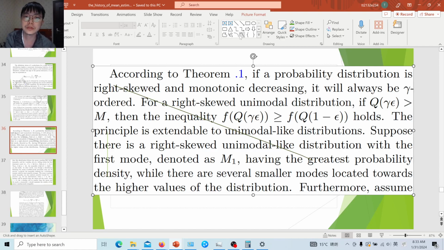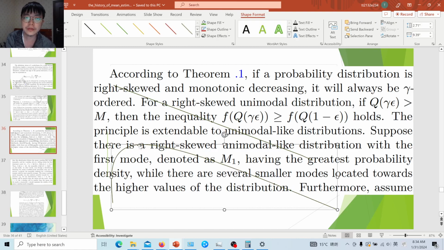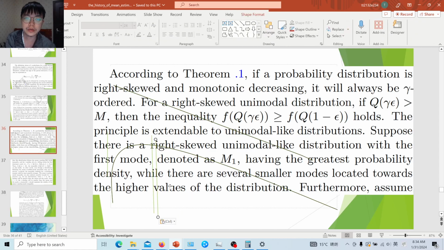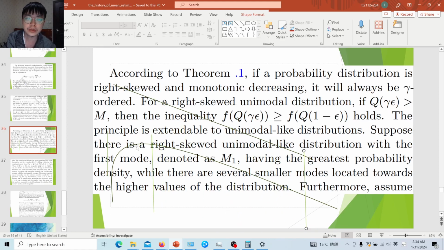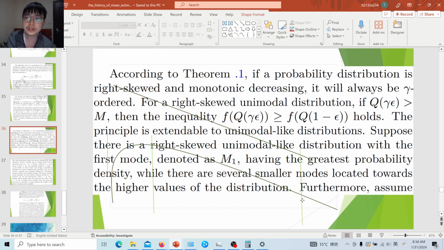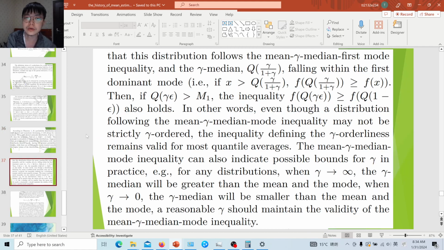For a unimodal distribution, the case is similar. If the first quantile is greater than the mode, then the second quantile should always be greater than the first quantile. According to the definition of the unimodal distribution, this part is monotonic decreasing, so we find a monotonic decreasing part, and therefore this relation is always valid.